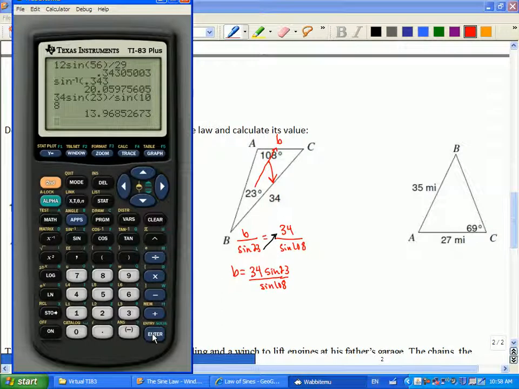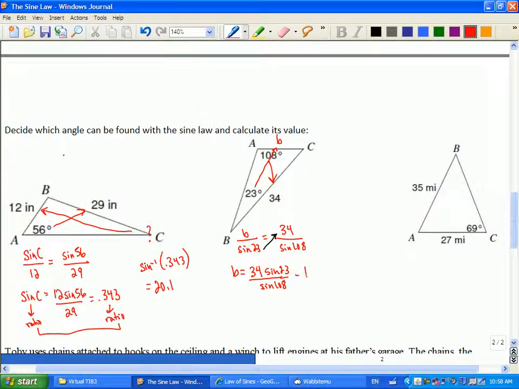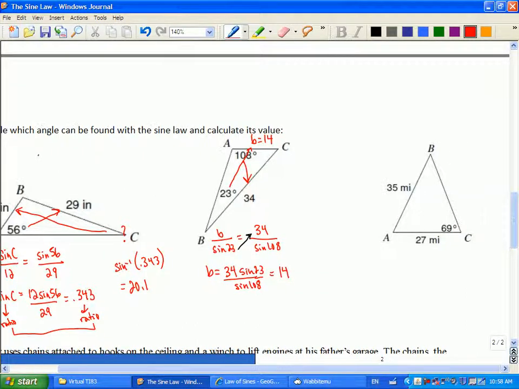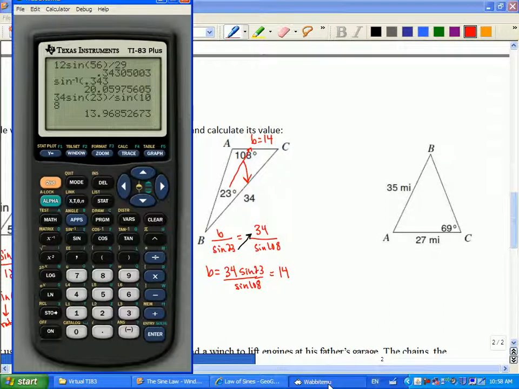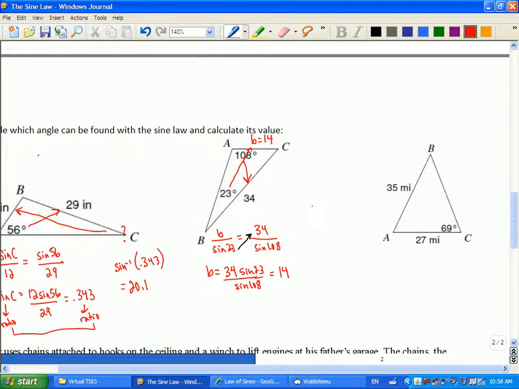Let's call it 14, 13.98 or whatever it was would be fine as well. So this side here is 14. 13.9 is fine as well. Here, let's see what did it round to. 9.7, that's fine. Okay, so the last question there again, what are your pairs?